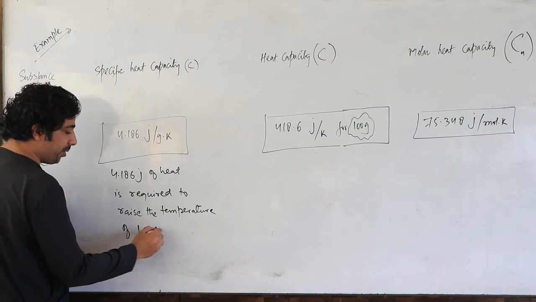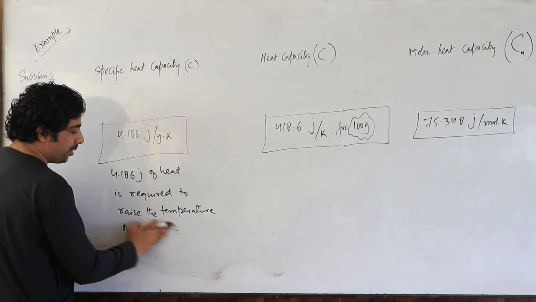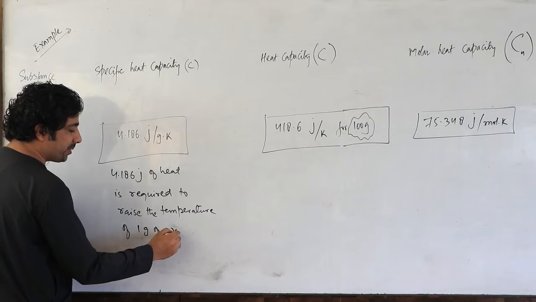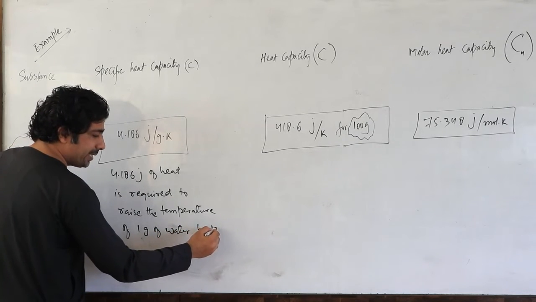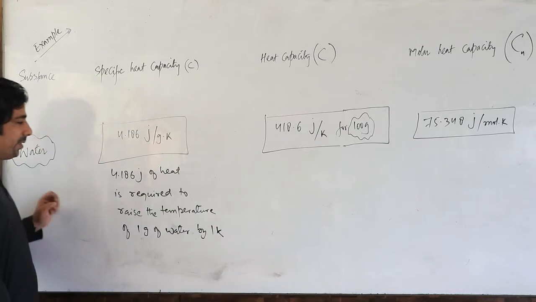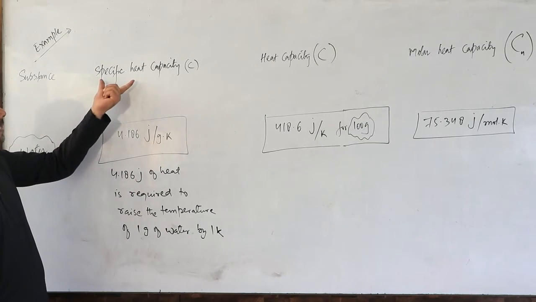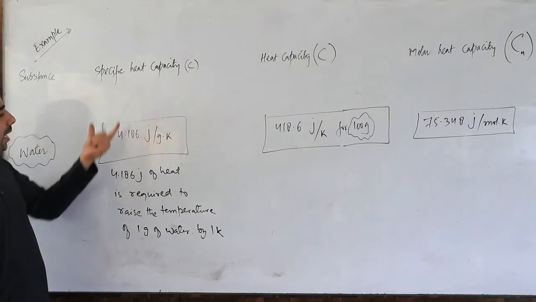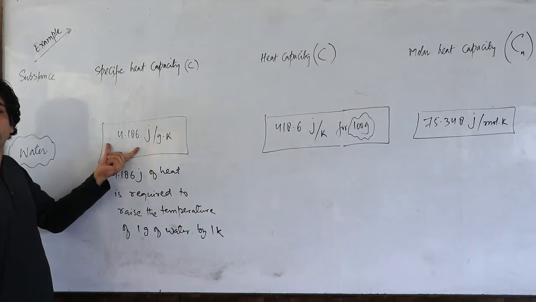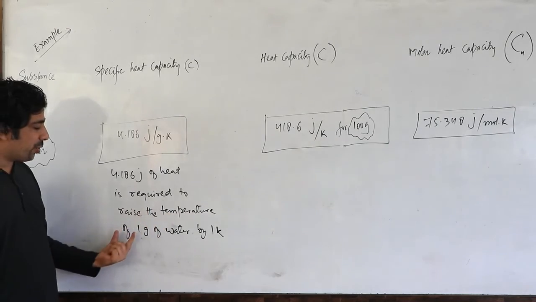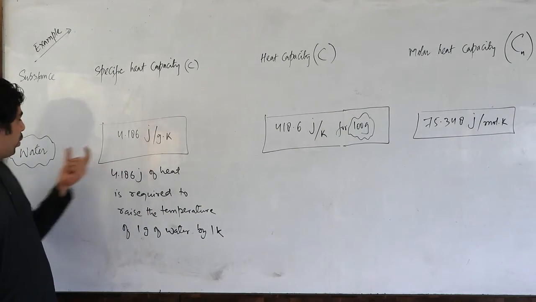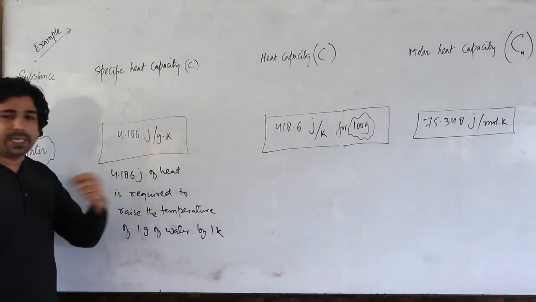Temperature of 1 gram of substance, here water, by 1 degree Celsius, or you can write by 1 Kelvin. So this is our specific heat capacity, my dear friends. How much heat is required? 4.186 joules of heat is required to raise the temperature of 1 gram of water by 1 Kelvin.